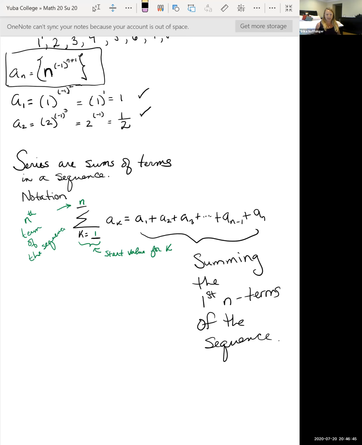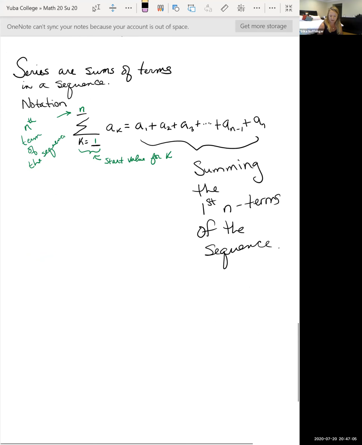Not necessarily, though, has to start at 1. So it might have said, let's look at k equals 3 to 5. That would tell me I'm looking at a sub 3 plus a sub 4 plus a sub 5. Again, this bottom one is telling me where I'm starting, and the top of my sigma notation is telling me where I'm ending.